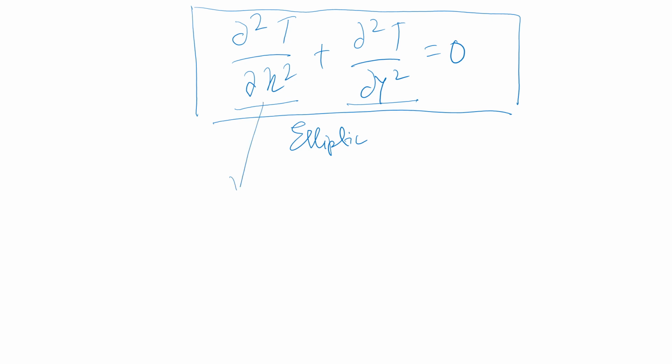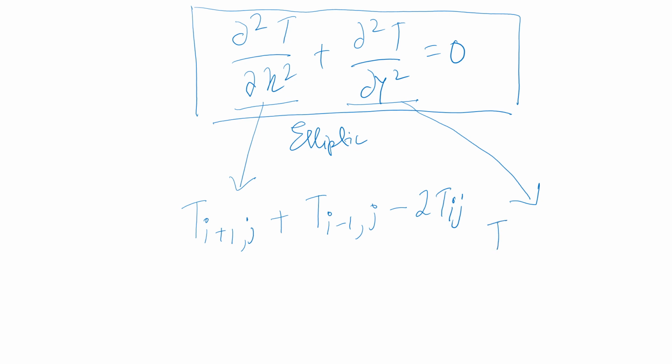So to discretize this, we use the central difference formula, which is, and to discretize this del square T del y square, we use this one.